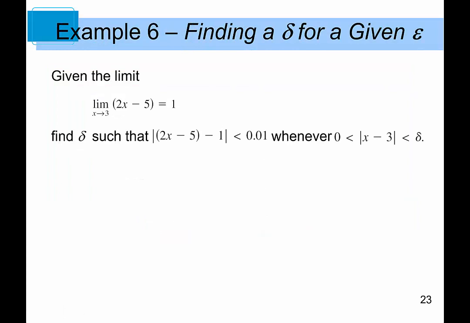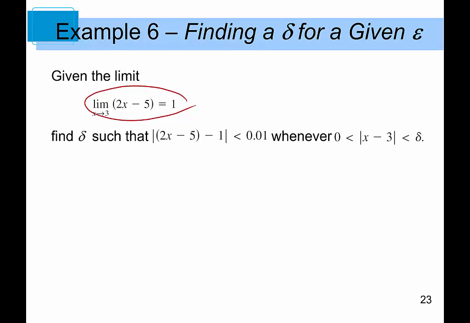So given the limit, let's take a look at an example. Find the delta for a given epsilon. Given the limit as x approaches 3 of the function 2x minus 5 equals 1. This is given, right? Find delta such that absolute value of 2x minus 5 minus 1 is less than 0.01 whenever absolute value of x minus 3 is greater than 0 and less than delta. That's the epsilon.